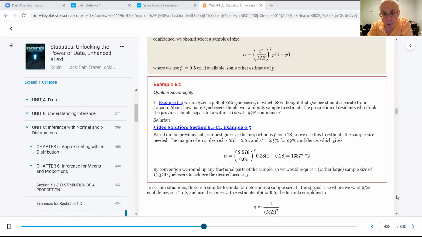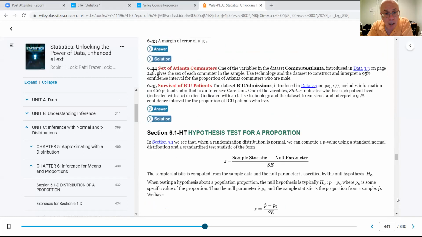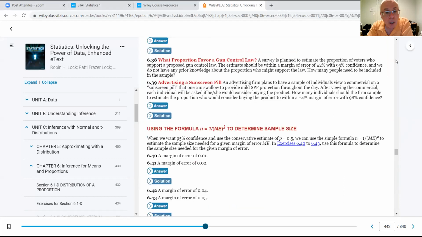So let's go back to the book, and let's scroll down. Okay, hold on 1 second. Here it is, 6.39. The answer is 639, I believe I said.